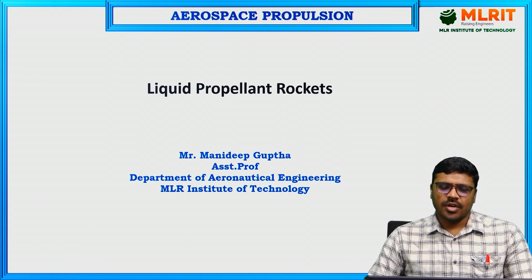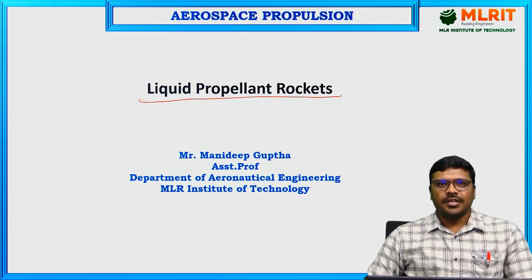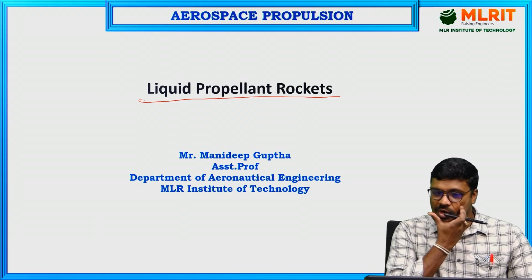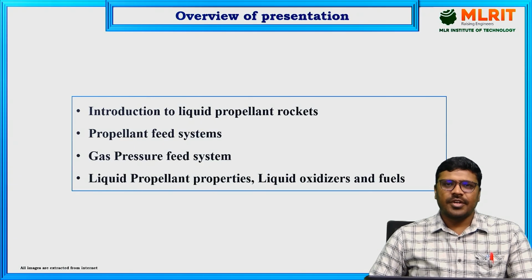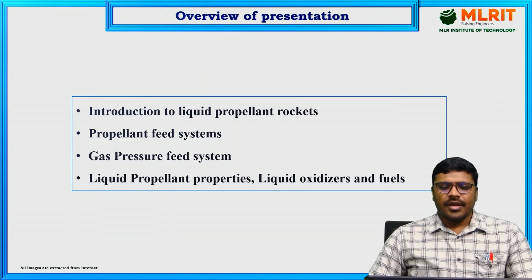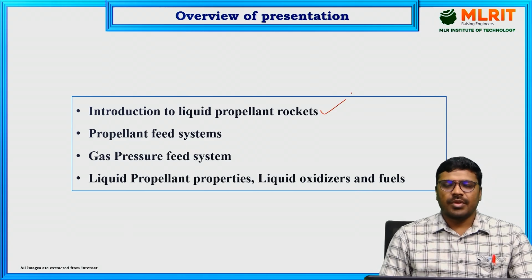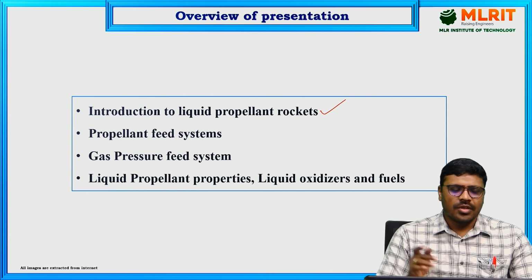Coming to today's topic, we are going to discuss liquid propellant rockets, which are a very essential part of the propulsion system. Coming to the overview of today's presentation, we will discuss the introduction to liquid propellant rockets, what a liquid propellant rocket is, and the major components in the liquid propulsion system.